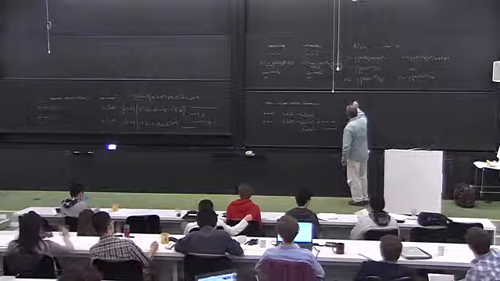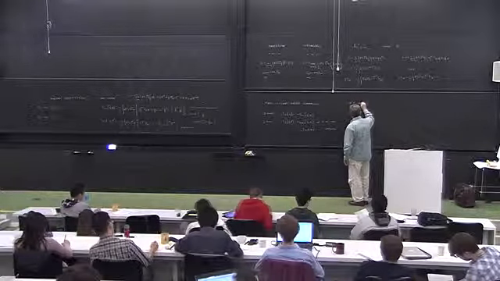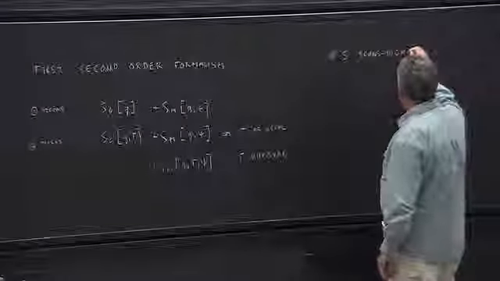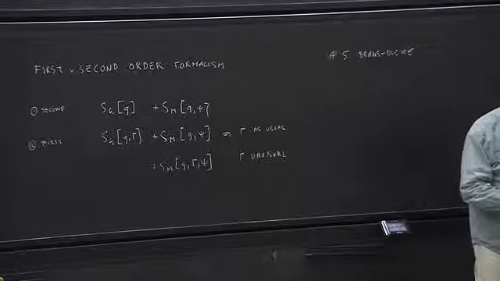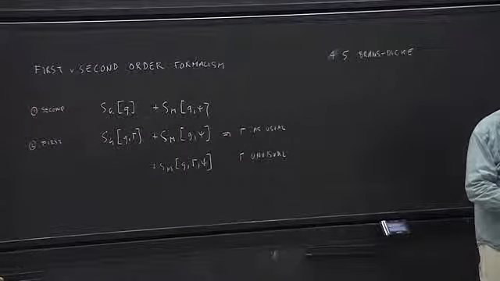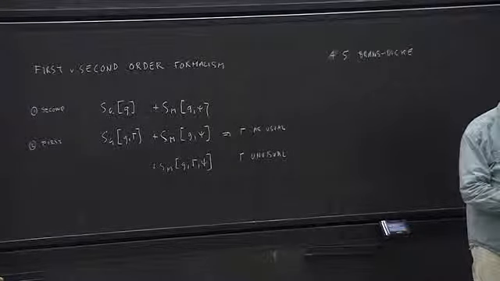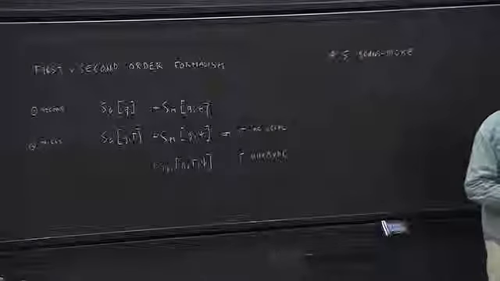4.5 is Brans-Dicke. We mentioned in the context of experimental tests that there was an alternative to Einstein's theory, which has fallen out of favor, but which is interesting for purposes of comparison.